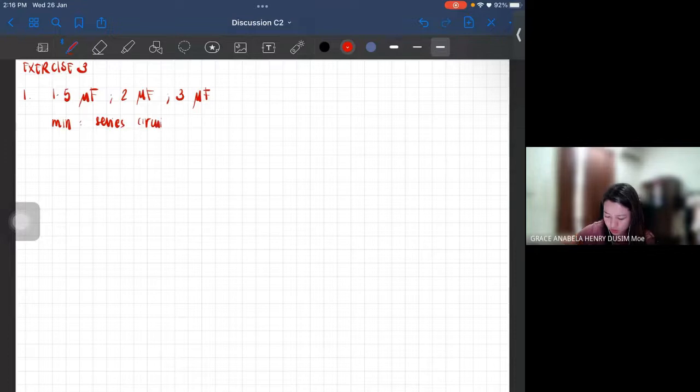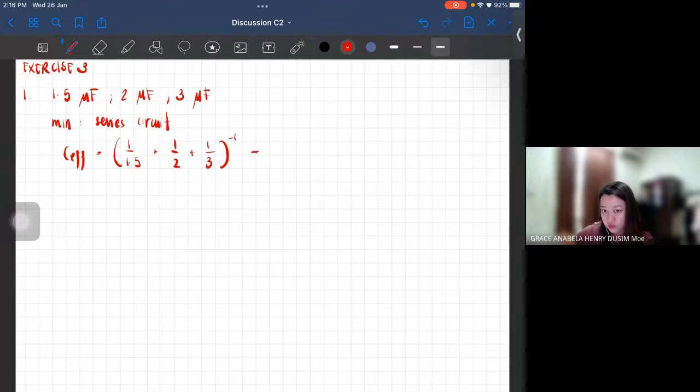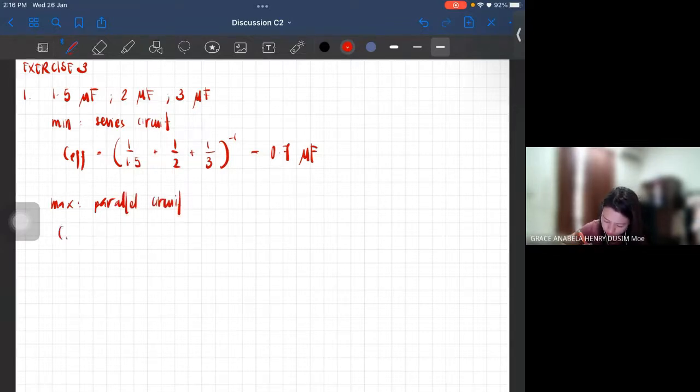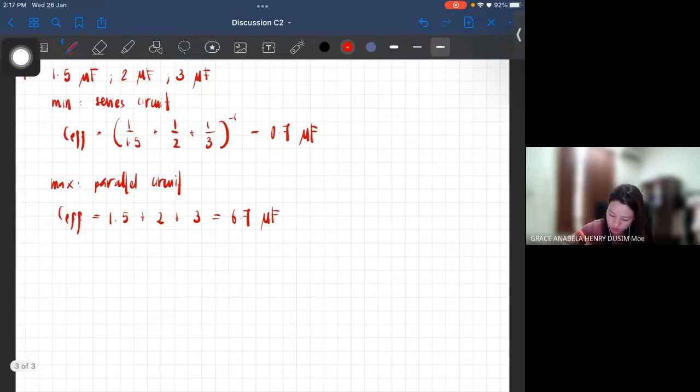Okay, series circuit, because that would give us 1 over 1.5 plus 1 over 2 plus 1 over 3, all to the power negative 1, which gives us 0.7 microfarad. So this is the minimum lah. And then maximum pula is parallel circuit punya connection. So this would give us 1.5 plus 2 plus 3, which is equal to 6.7 microfarad. Okay. Right, that's question number 1.